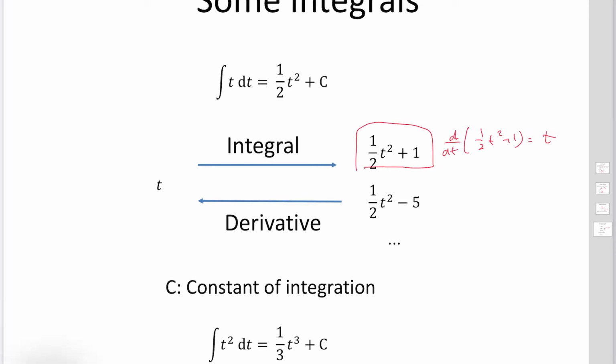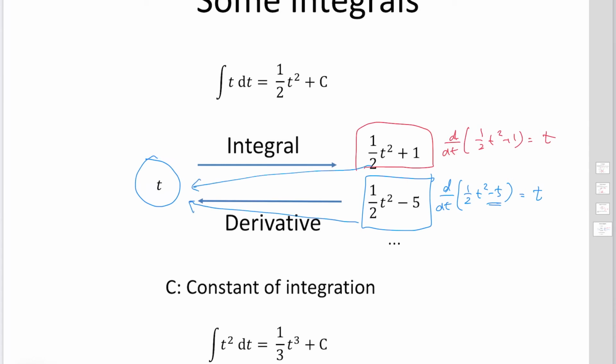Also, if you consider the function 1/2 t squared minus 5, because the derivative of a constant value becomes 0, it is again t. So many functions correspond to the derivative t, and this is fine.